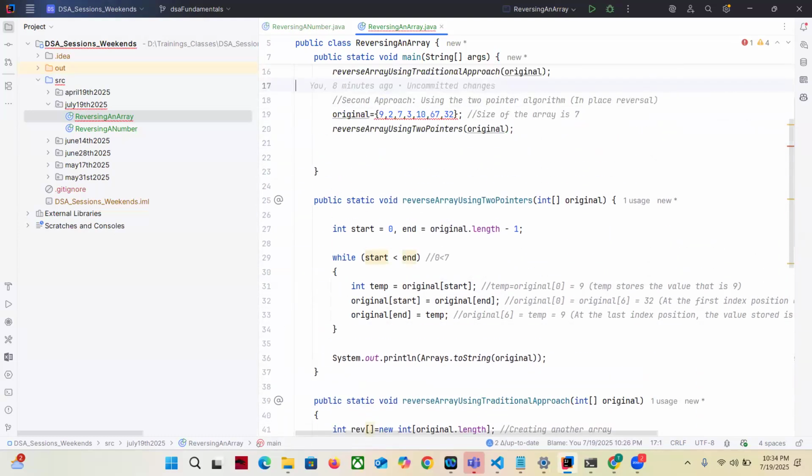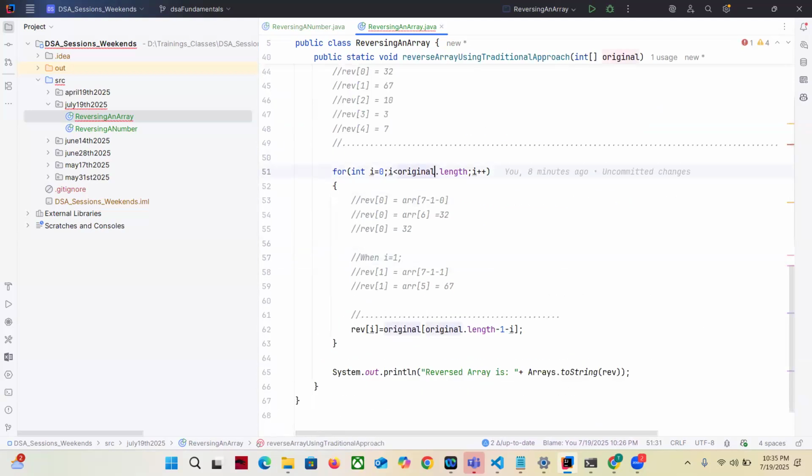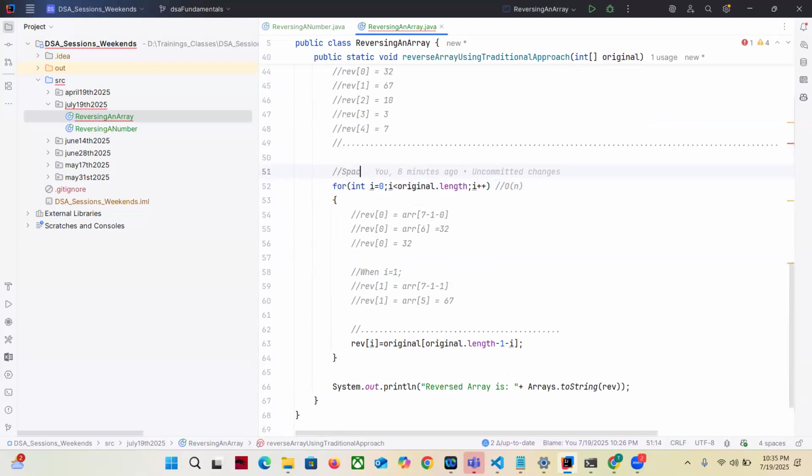With a for loop, it will take a lot of time, right? The time complexity here is O of n, sorry, not log n. And the space complexity is also O of n.